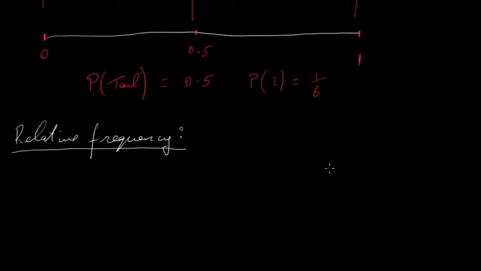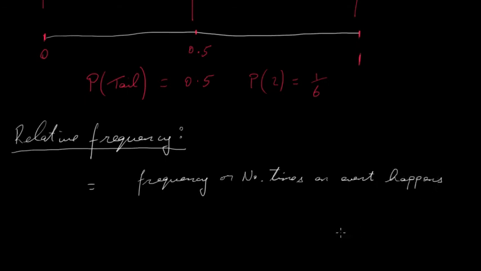Now, it's really given by the frequency, or the number of times an event happens when you carry out a trial, divided by the total number of trials.